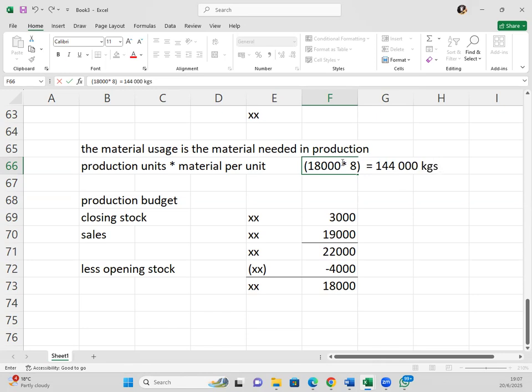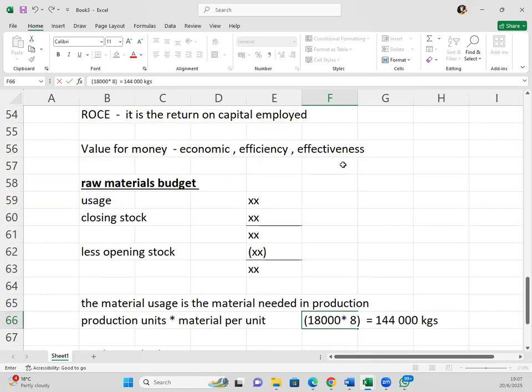These are the kgs that we need. Then let's come to the raw materials budget. We say the raw materials we are going to use in production is 144,000.